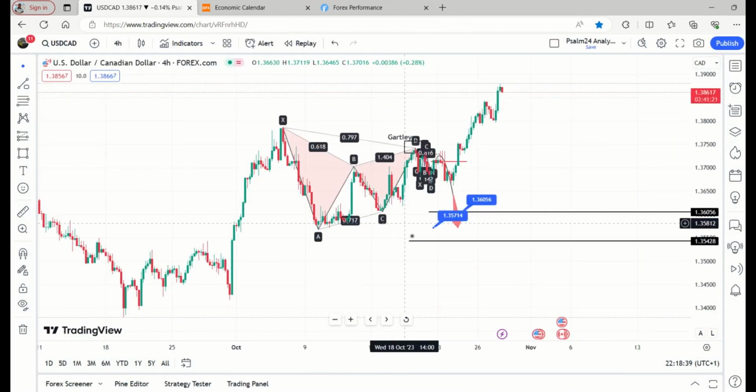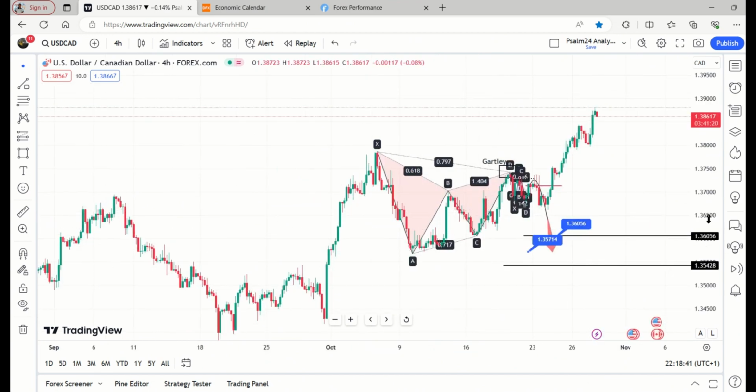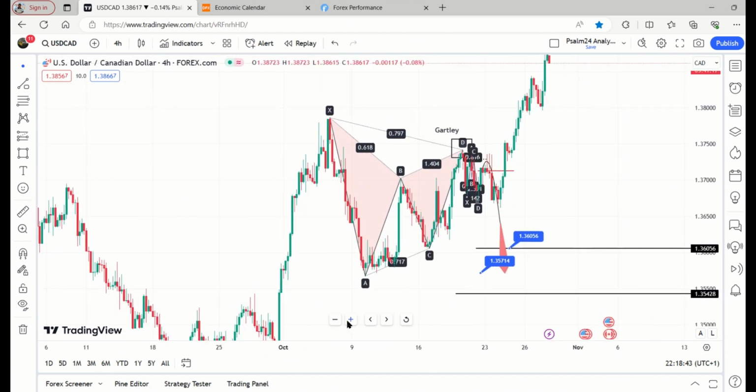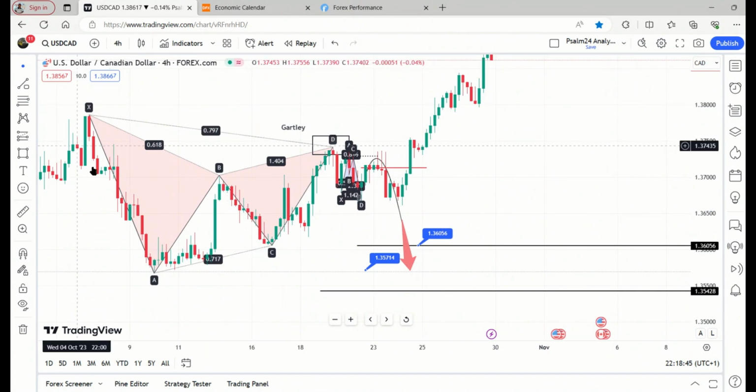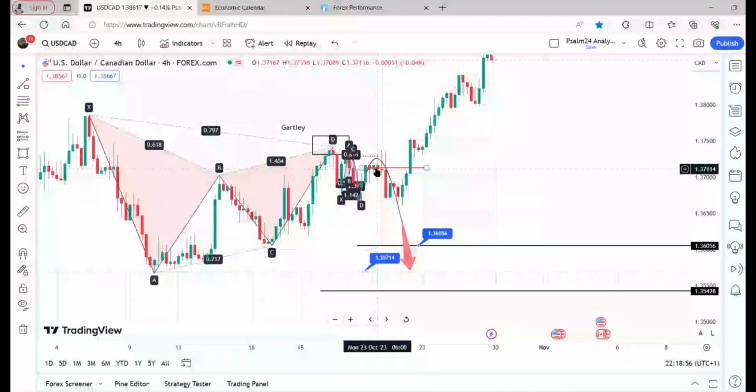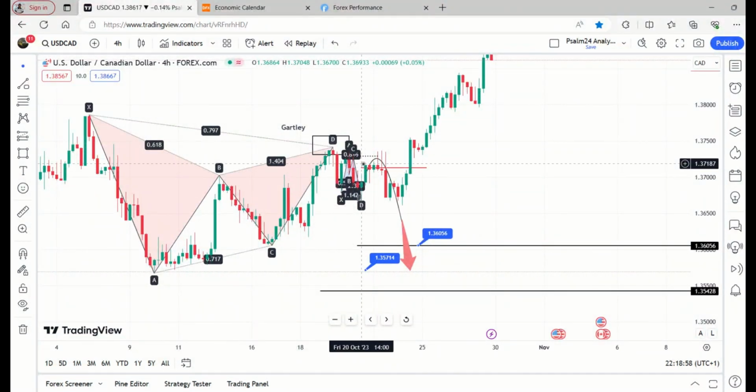USD CAD. So for USD CAD, what's happened is, as at the time the analysis was done, this Gartley pattern had been formed, and we've seen the market respecting that pattern up to this point. Yes, here the market, we did the analysis at this point on Sunday. This was Friday.